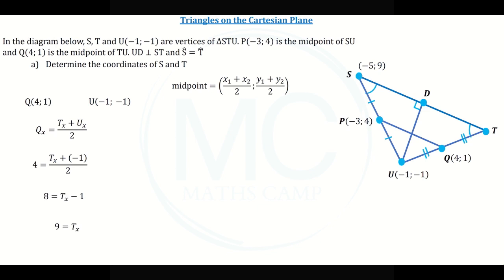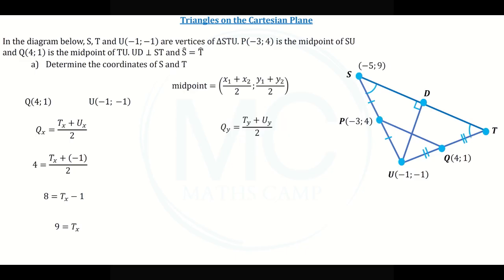Now that we have the x-coordinate, let's find the y-coordinate. We say the y-coordinate of the midpoint Q, let's say QY, is equal to the y-coordinate of point T, let's call it TY, plus the y-coordinate of U, UY, all over 2.